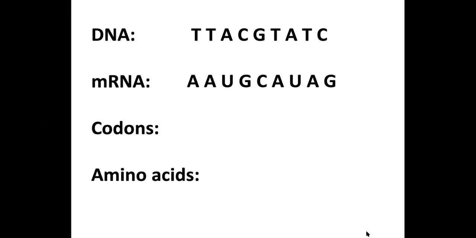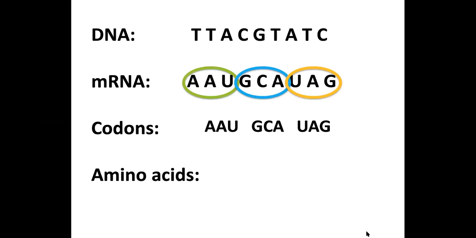Then you need, for a codon, a sequence of 3 letters. So every 3 letters, you can circle or put a line between so that you know what you're looking for, your amino acids. Okay, so those are our codons. We have 3. So now we have to find the amino acids using the codon chart.